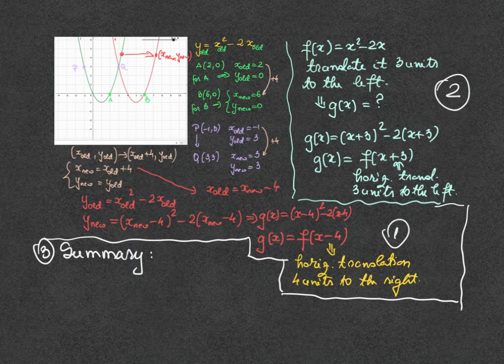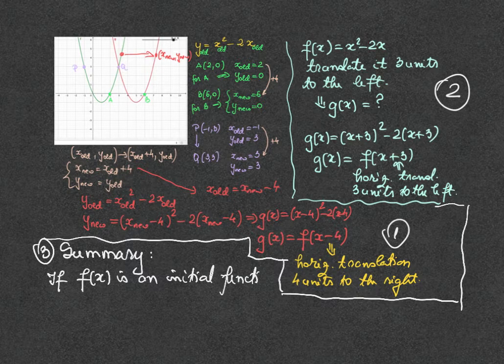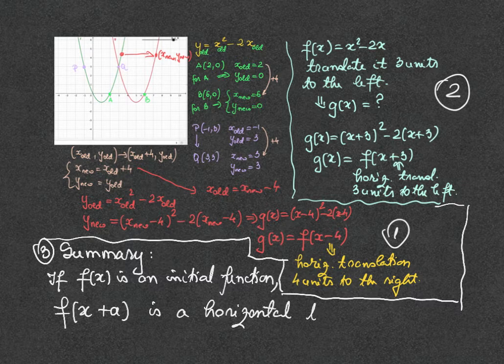In summary, what we discover is that if f of x is the initial function, f of x plus a is a horizontal translation by minus a units.